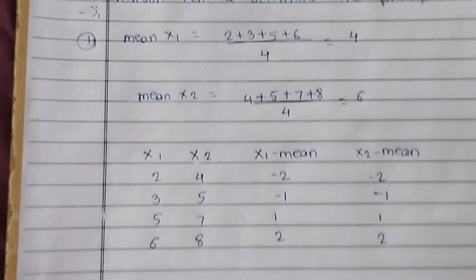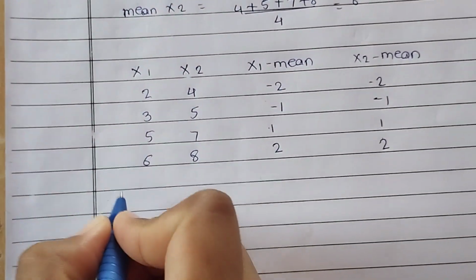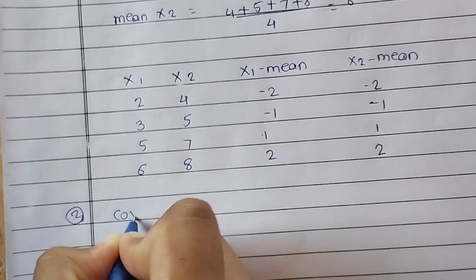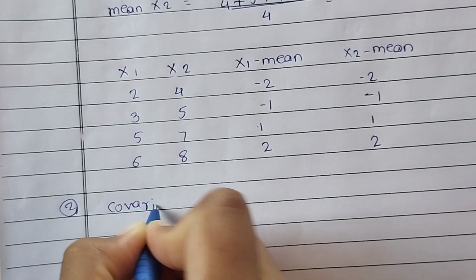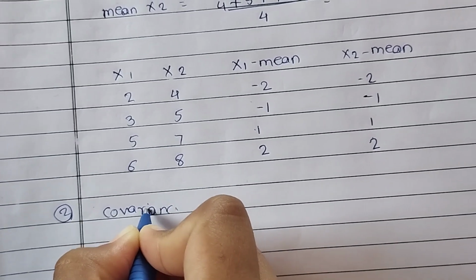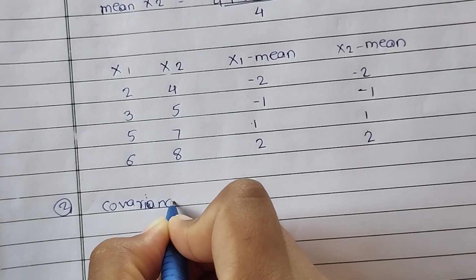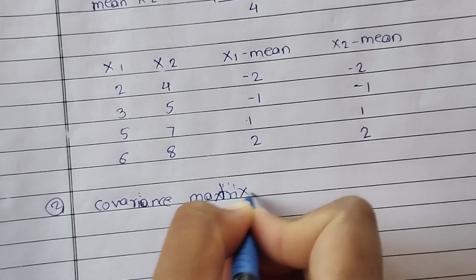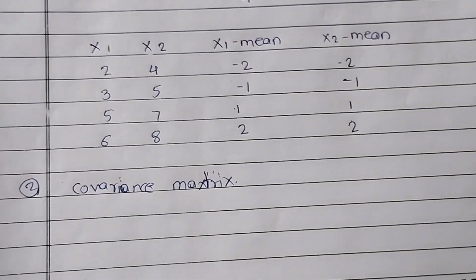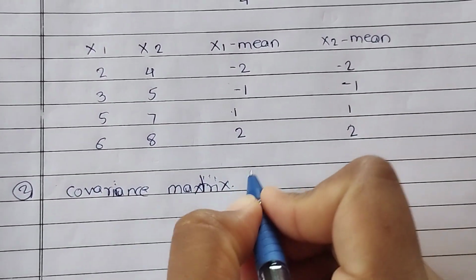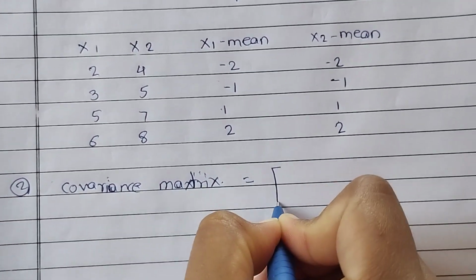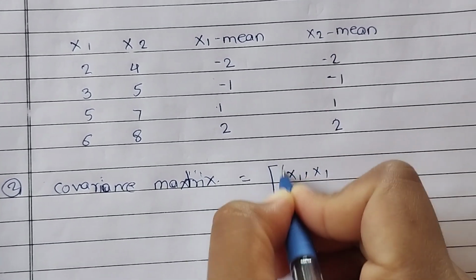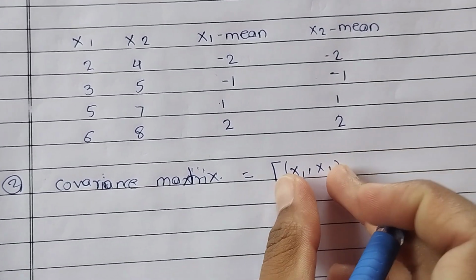Step number 1 is done. Now we find out the covariance matrix, which is step number 2. How exactly does this covariance matrix look? It is the covariance of x1, x1, and so on.